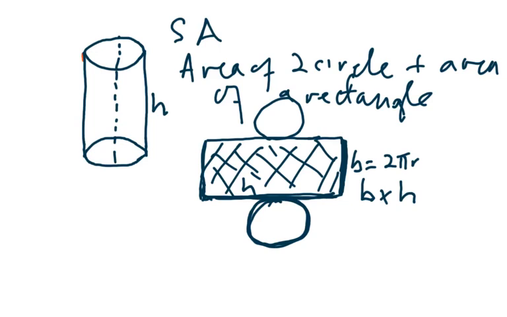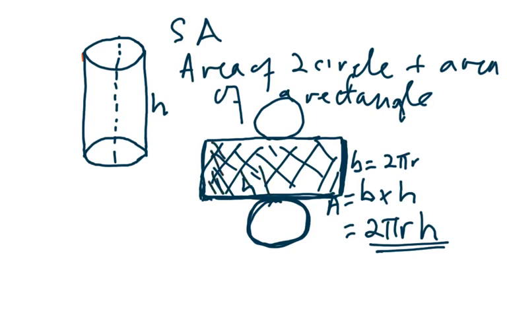What is our b? Our b is 2 pi r, and our h is the height. So that becomes the area of that rectangular surface.